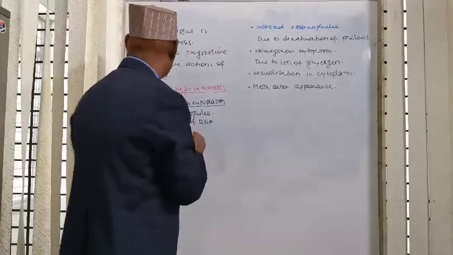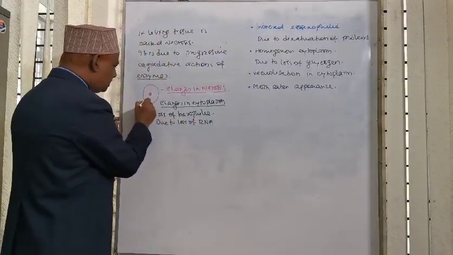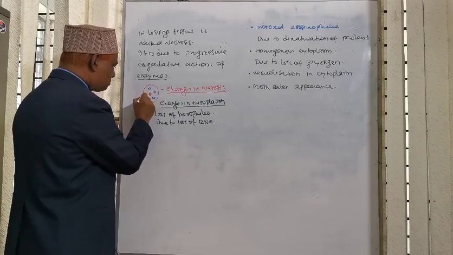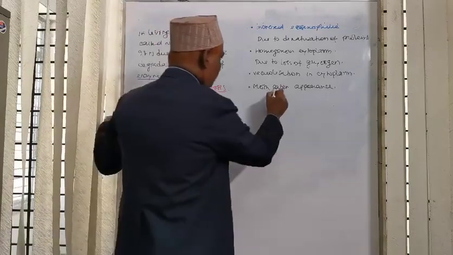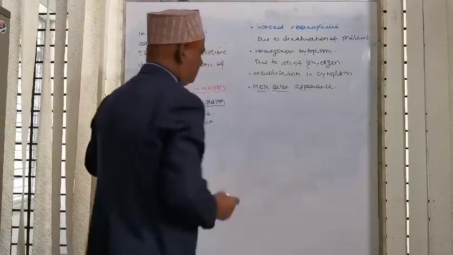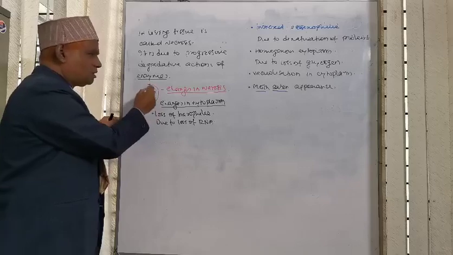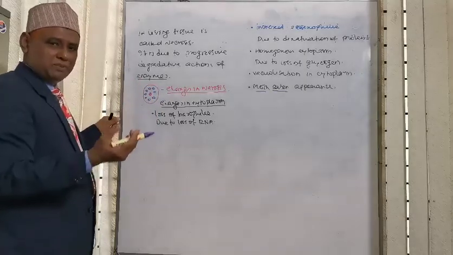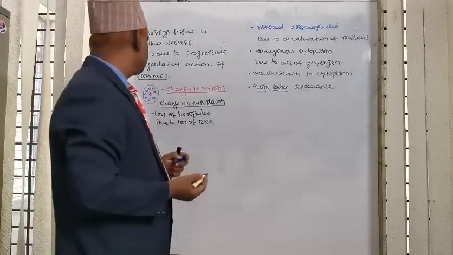The cytoplasm of the necrotic cell will look porous. It looks like a moth-eaten appearance, though actually it is not eaten by moth. So these are the cytoplasmic changes.